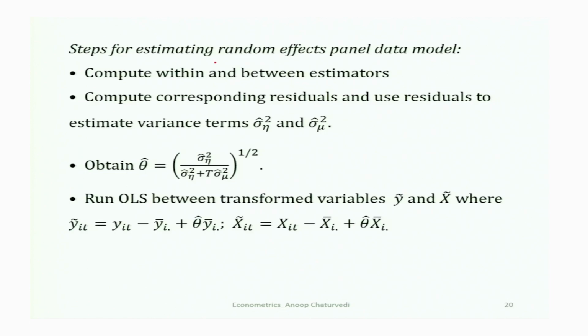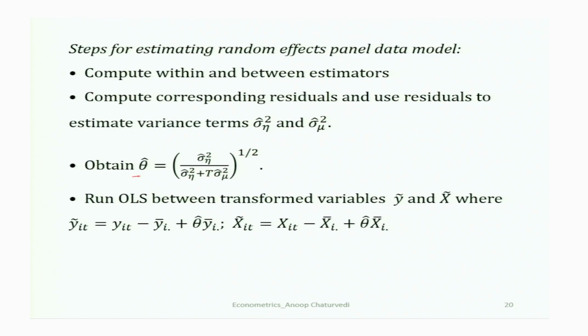So, these are the steps for estimating the random effect panel data model. First, we compute the within and between estimators. Then we compute the corresponding residuals and we use these residuals to estimate variance terms. Say you use these residuals to obtain sigma hat square eta and sigma hat square mu, and then using these estimators we obtain theta hat equal to (sigma hat square eta upon (sigma hat square eta plus T times sigma hat square mu)) to the power half.